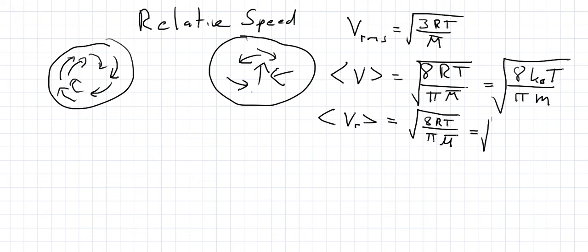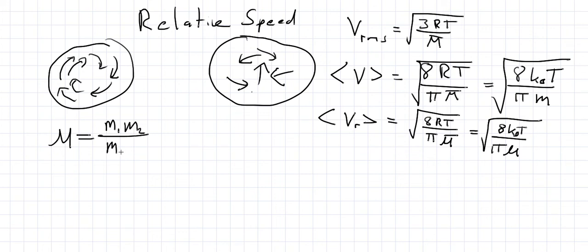And once again, you could do that using molar or single particle formulation. So what in the world is a reduced mass? The reduced mass is basically the mass of one particle relative to another. So we say mu is defined this way: the product of the mass of one particle and the mass of another particle, divided by their sum.